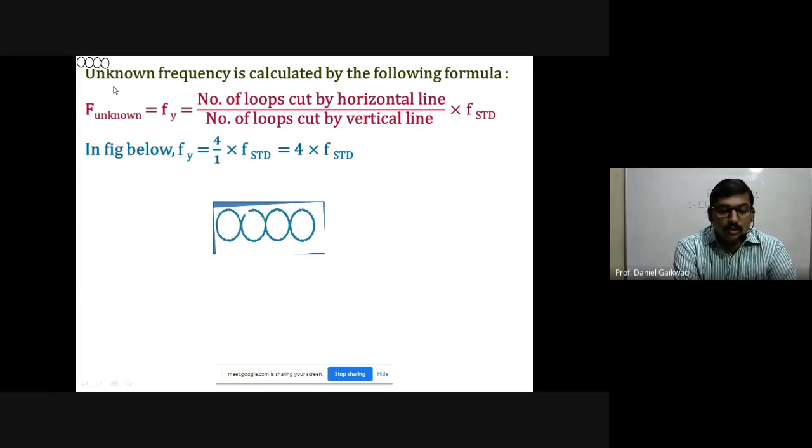Now we have the calculation of the unknown frequency. The unknown frequency is calculated by the following formula. Check carefully.